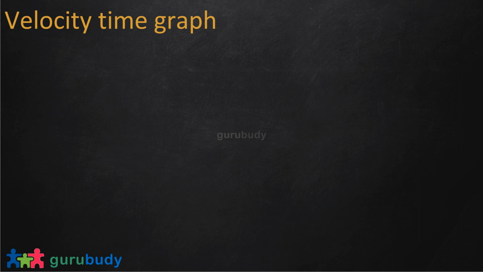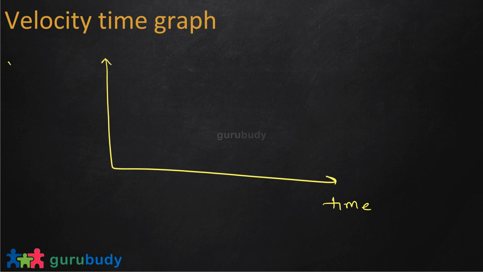Next we will study the velocity time graph. In a velocity time graph, your time is on the x-axis and your velocity is on the y-axis, right? Consider an example where a car is moving with some velocity, and then its velocity is changing.